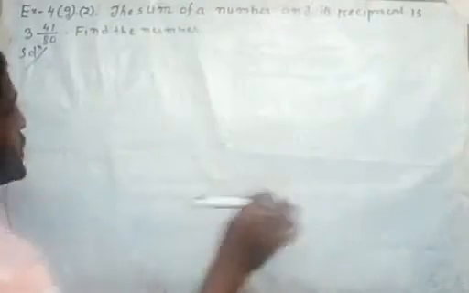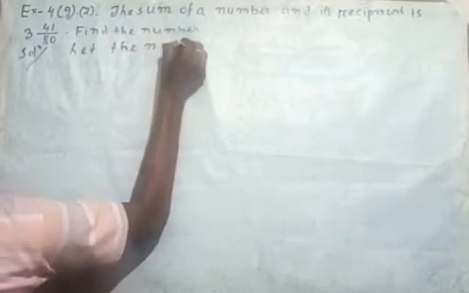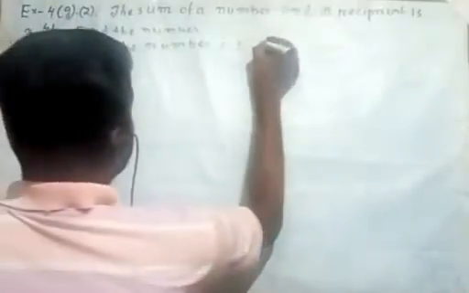So we have to choose a number, then its reciprocal. Let the number be small x.